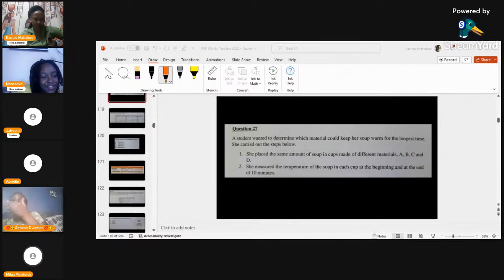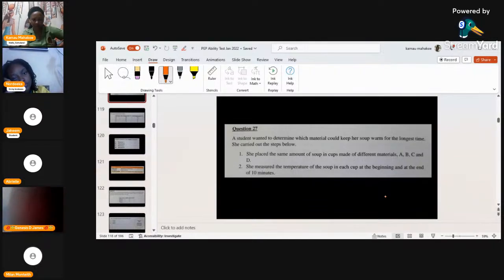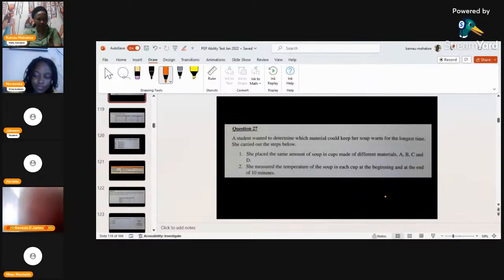A student wanted to determine which material could keep her soup warm for the longest time. She carried out the steps below. 1. She placed the same amount of soup in cups made of different materials A, B, C, and D. 2.